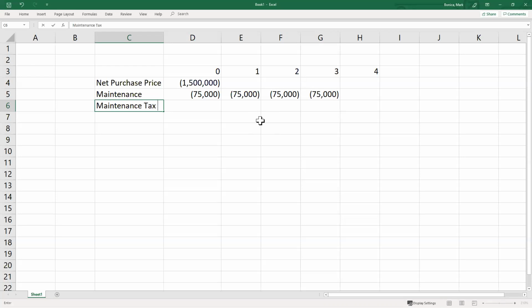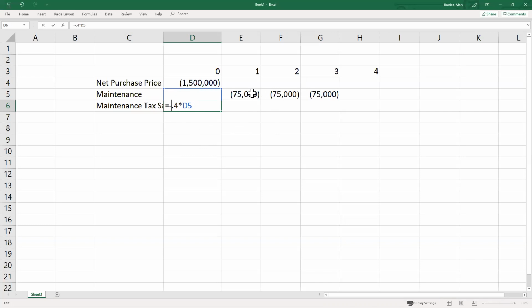Maintenance tax savings are going to be equal to 0.4 times the 75,000, and it's actually going to be positive. So I have to make my 0.4 be a negative 0.4.